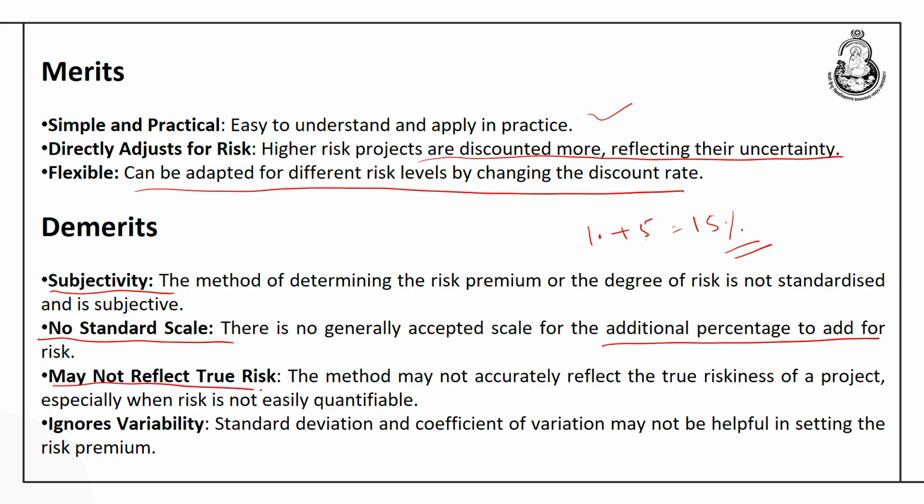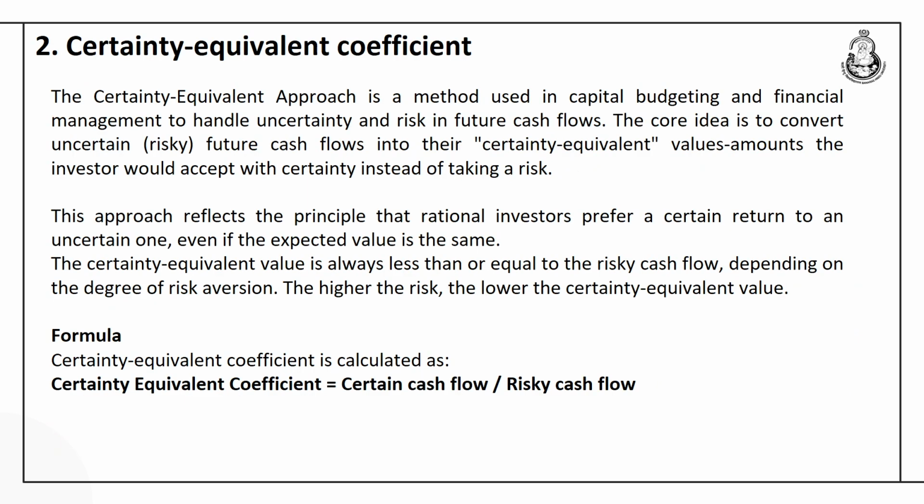It may or may not reflect the true risk, and also sometimes it is ignoring the other methods of incorporating risk, say standard deviation and the coefficient of variation, for measuring and incorporating the risk in the capital budgeting exercise.